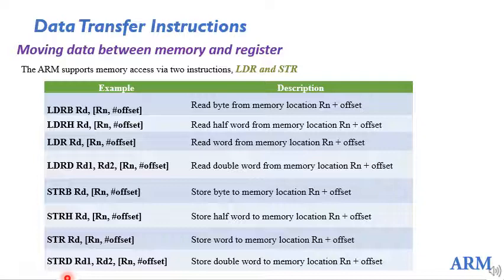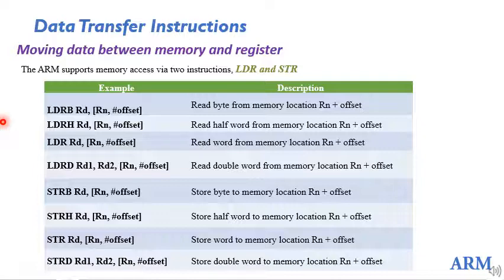And the only instructions that access memory are load and store. In Cortex M3, the two instructions meant for this purpose are LDR and STR. So LDR and STR have different formats depending on the size of the data that they are transferring.